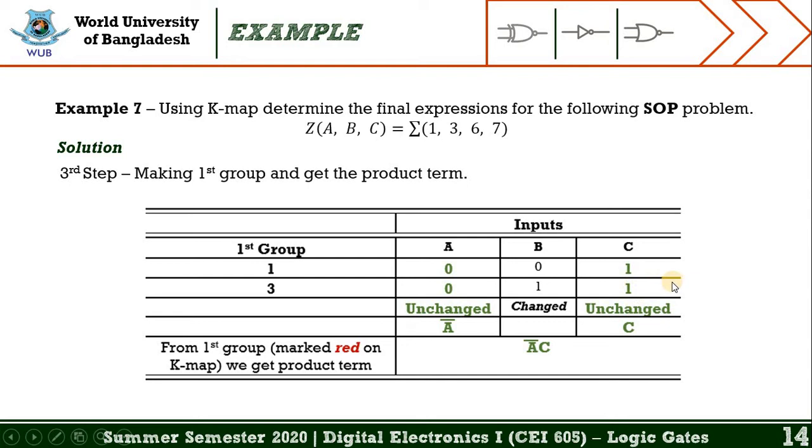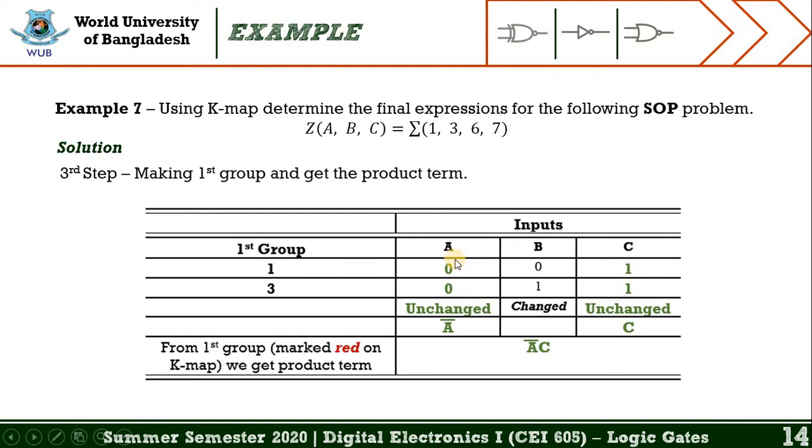If you see between the 2 numbers, just one changes, which is the input B. First it is 0, and then when it goes to 3, it becomes 1. Since it changes, we don't count it for our product term.